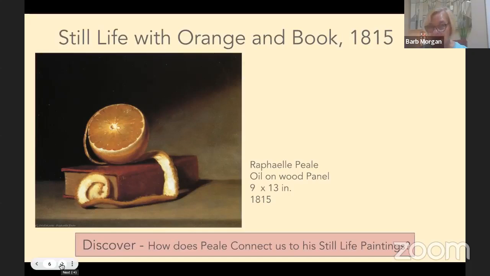Oranges appear, certainly in this one, but they appear a lot in his still lifes. And so the question then is, why did he choose an orange so predominantly? Again, researchers believe apples were pretty prevalent. People already had apple trees growing, but oranges were tropical.